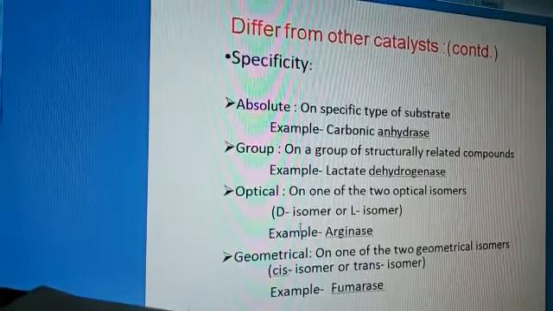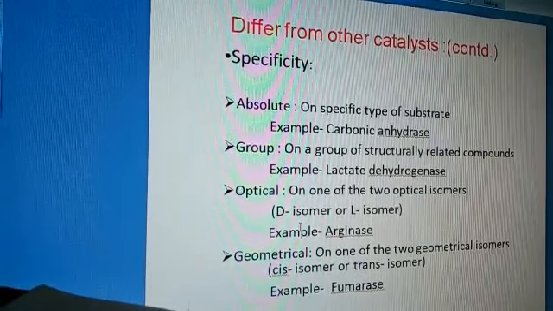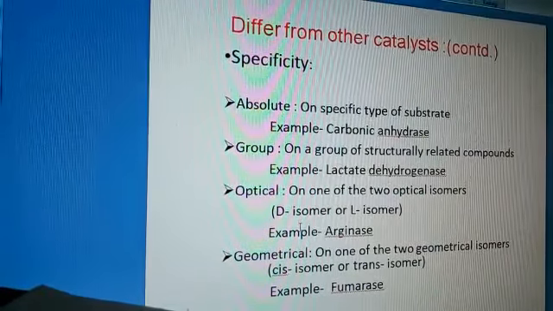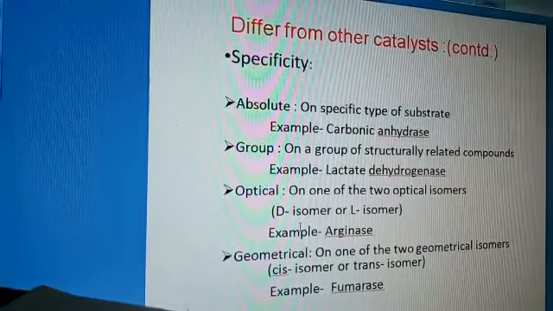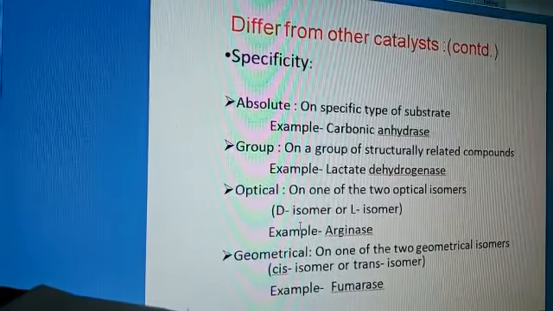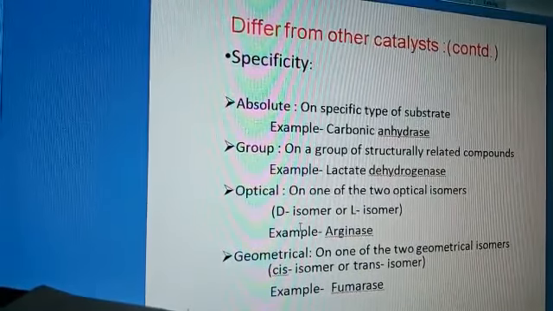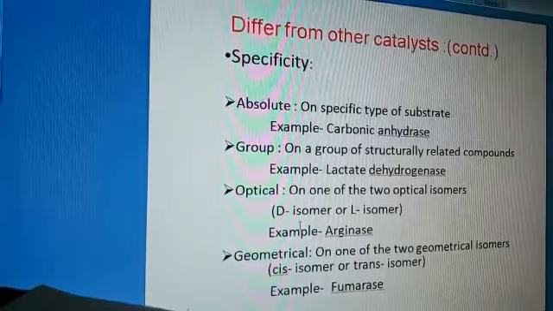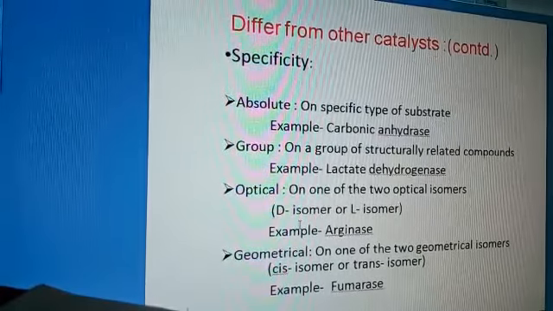Then they are very specific in that they act either on a single or at the most structurally related substrates. The specificity may be for the substrates or for the type of bond or for specific isomer, maybe optical or geometric.